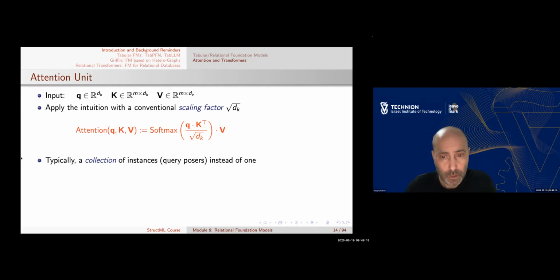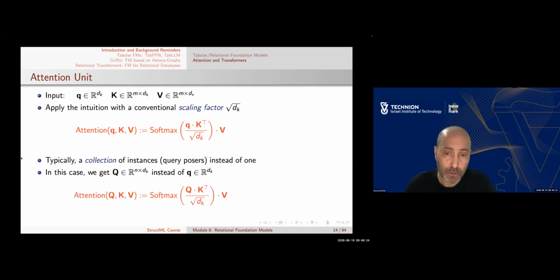Now, usually we don't have one query, but rather a set of queries, one for each observer. So it looks like a matrix product instead of one small q, one matrix Q. So this is the canonical formula of attention.